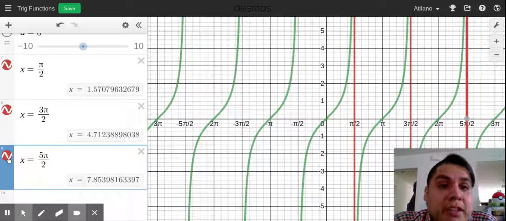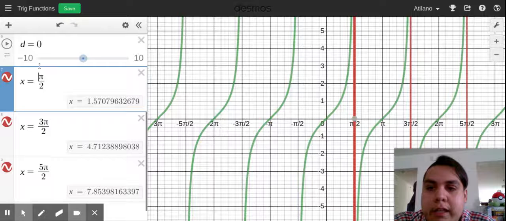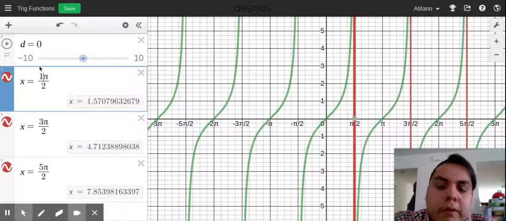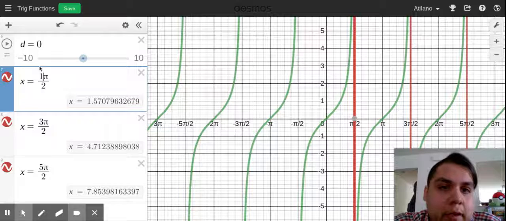Now let's take a look at the numerators. Technically, for the first one, I can think about that as a 1 pi divided by 2, then a 3, then a 5.